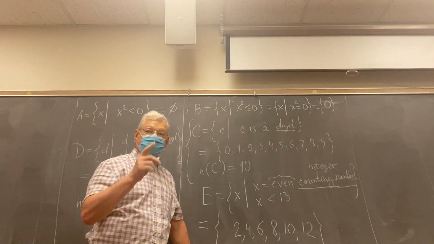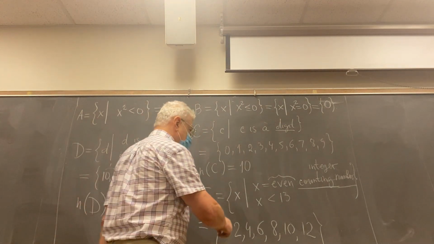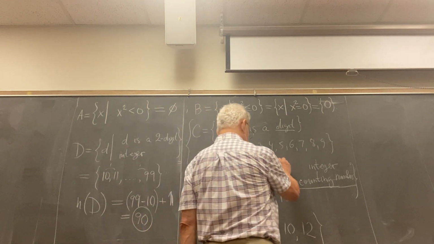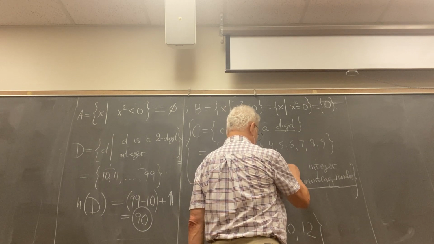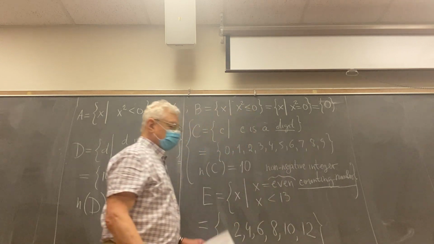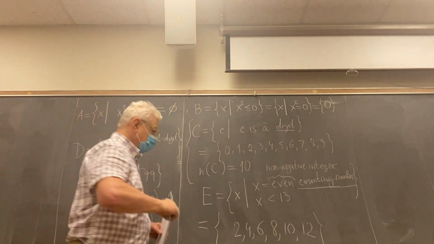Integer means it could be 0 and also could be negative. So in this case, let me write non-negative integer. Non-negative means it cannot be negative, but could be 0.